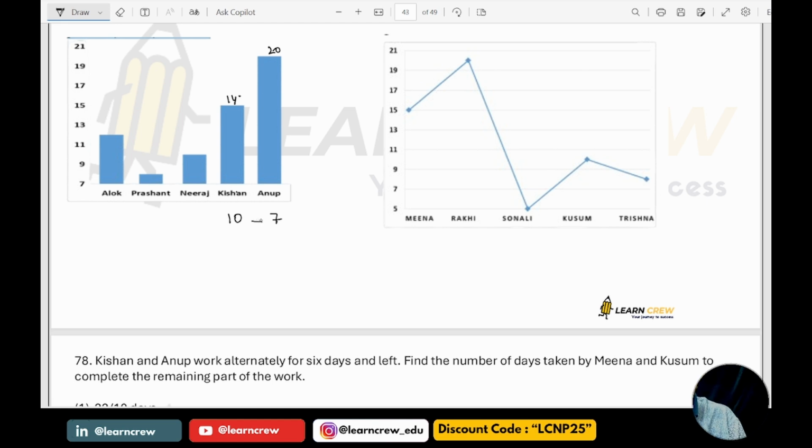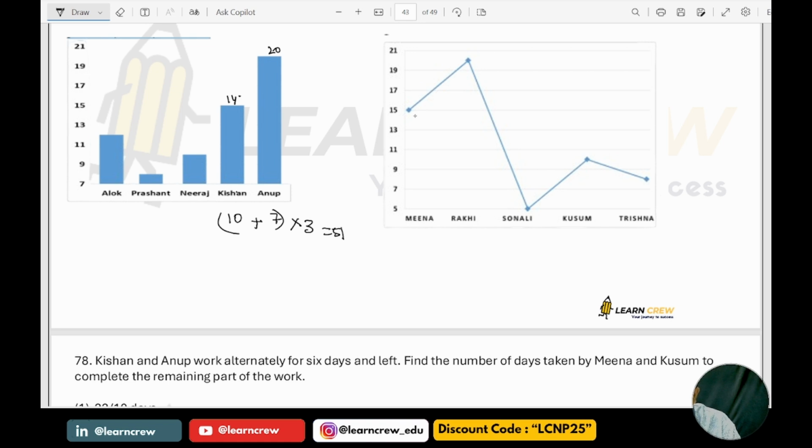Kishan and Anup work alternately for 6 days. So 2 days, 17. 17 into 3, 51 is done. Find the number of days taken by Meena and Kusum to complete the remaining part of the work.